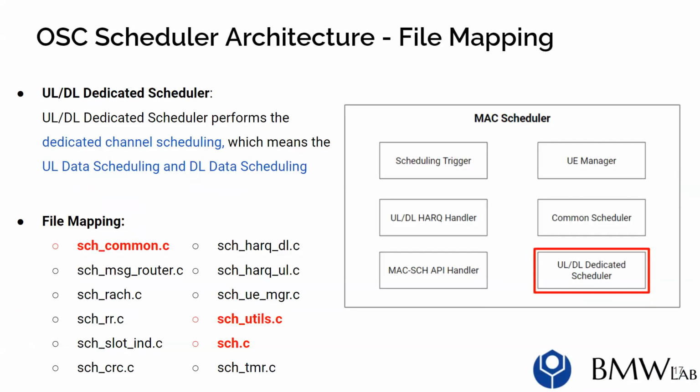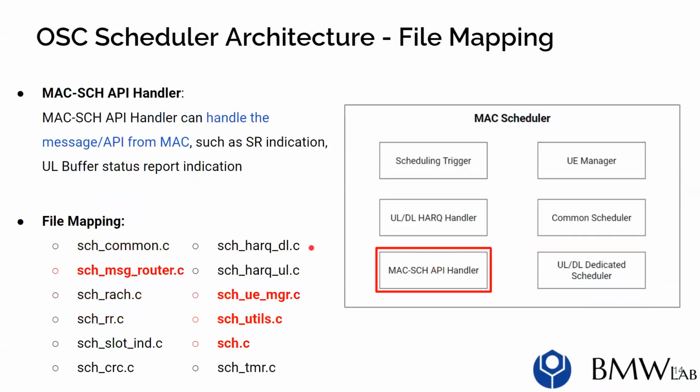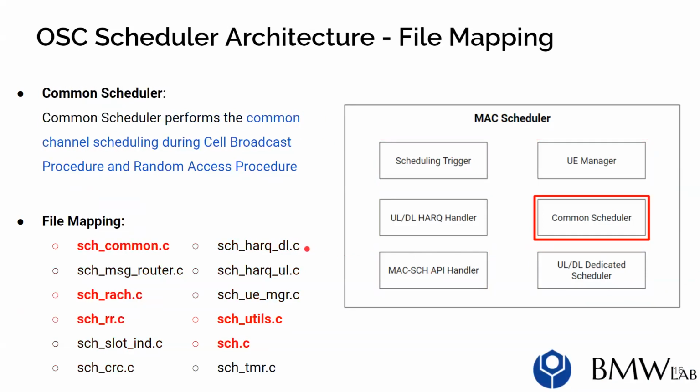To your description, round robin is only used for the common channel. The common scheduler uses round robin, and for the dedicated channel they don't mention it. But for the common channel, why do you need to use round robin? I think the function in this file is a little weird.